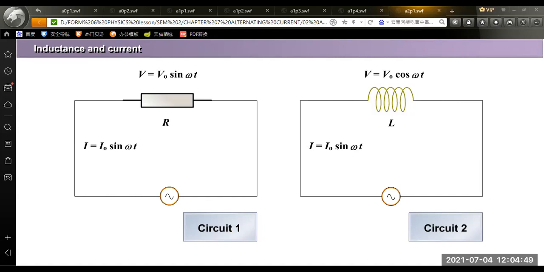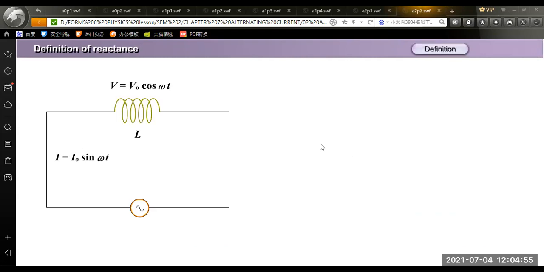And next, we notice that for a solenoid or inductor, once the current flow is I equals I naught sin omega t, V is equal to V naught cos omega t, or V equals V naught sin of omega t plus pi over 2.